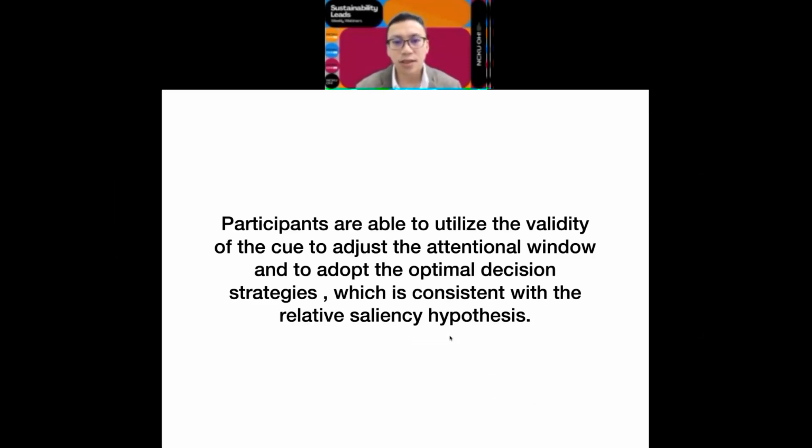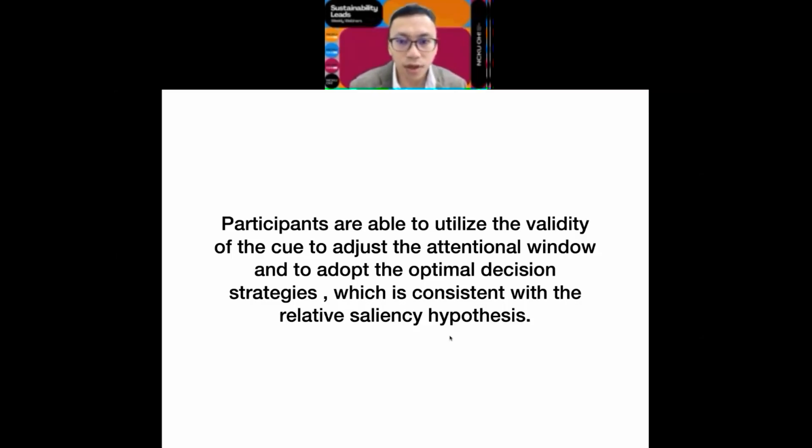So this is the main conclusion from this line of research. Our participants are able to utilize the validity of the cue to adjust the attentional window.